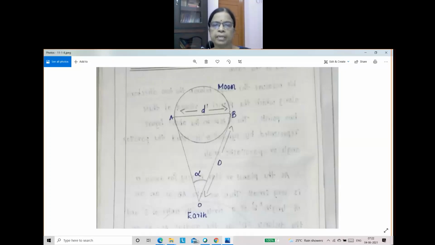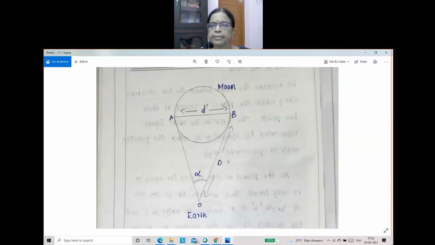This is the radius now. When you draw a big circle with O as center and capital D as radius, you will get AB as the arc length. So arc length by radius becomes angle alpha.